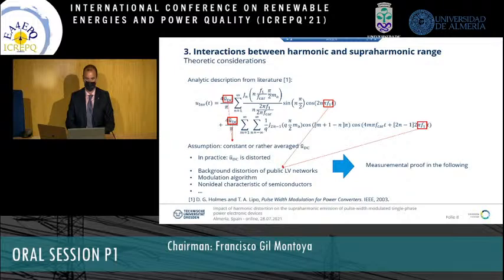Then we have the modulation algorithm, and the semiconductors aren't switching ideally. They don't have a rectangular switching waveform, but are actually non-ideal. So what we've done in this study is we have proven by measurement that there is an interconnection between the harmonic and the supraharmonic frequency range that we should consider in future studies.